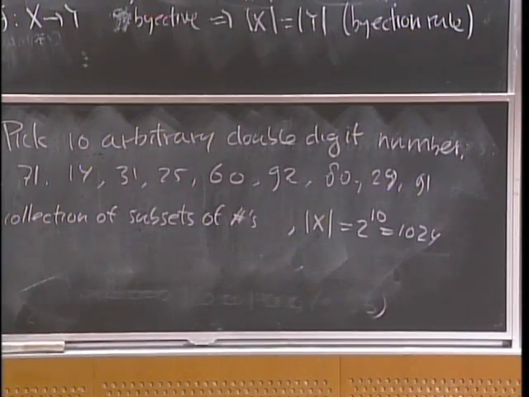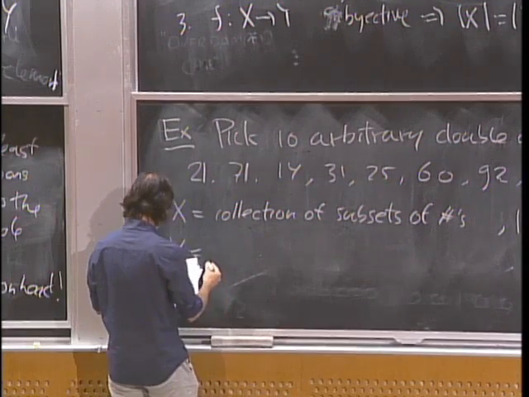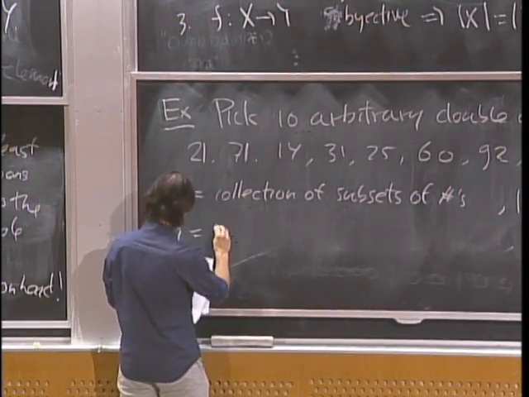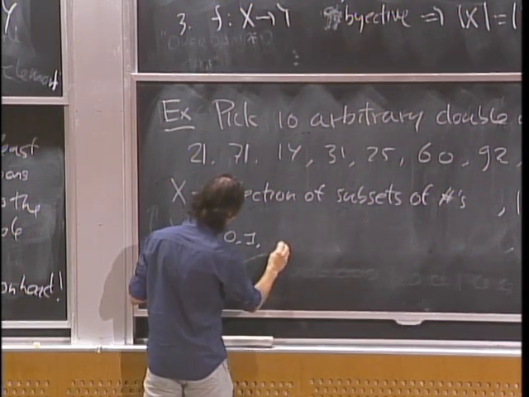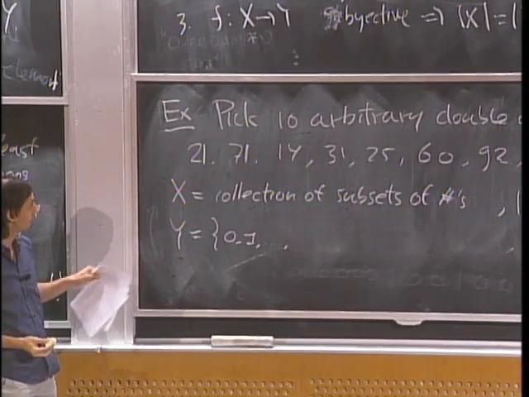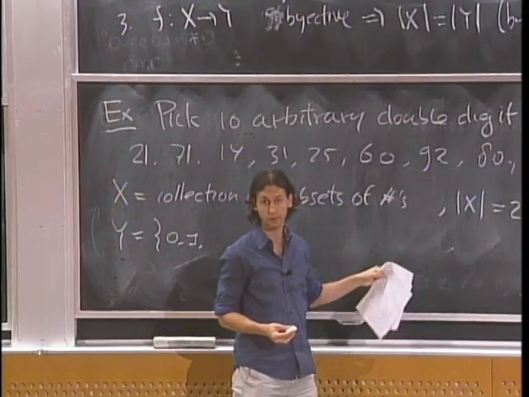Now y is going to be the sum of a subset. So what do I know? I note that the possible sums range from 0 all the way to, well, what's the maximum sum that I can have out of a subset of 10 double-digit numbers?